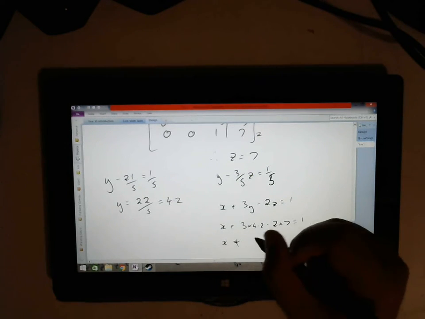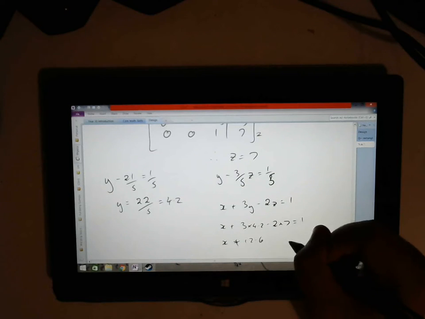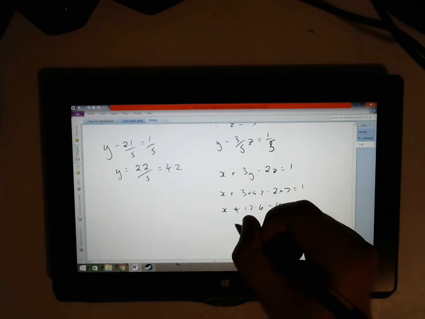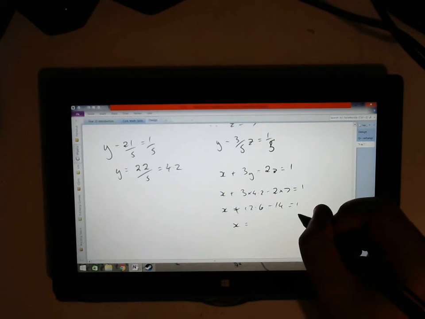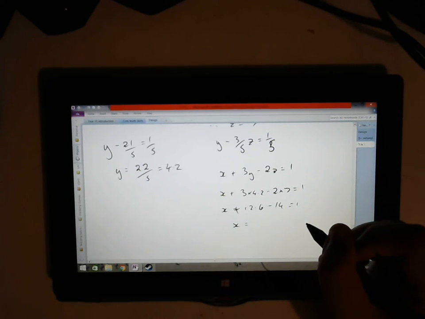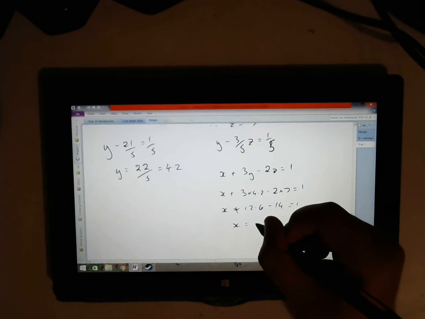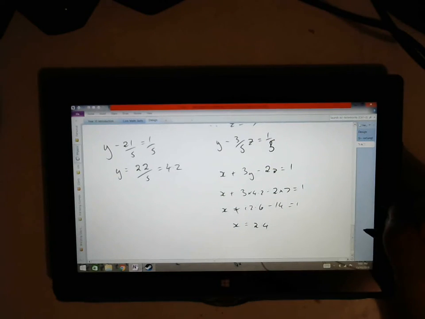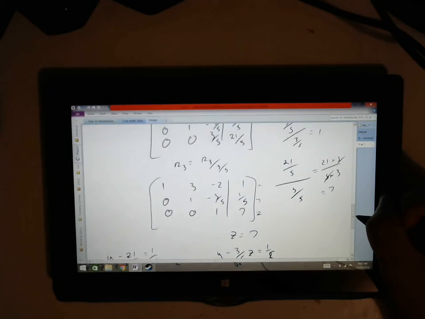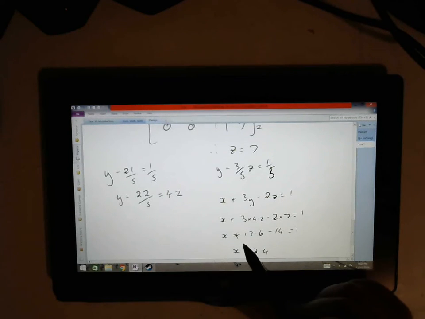X plus 3 times 4.2 is 12.6 minus 14 equals 1. So x would equal, let's see, 15 take away 12.6, 2.4.